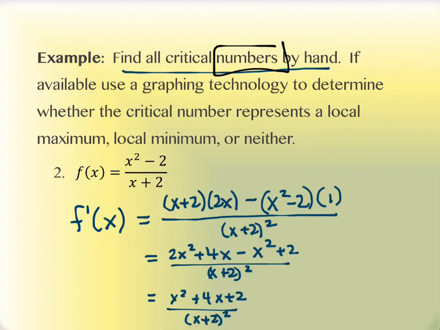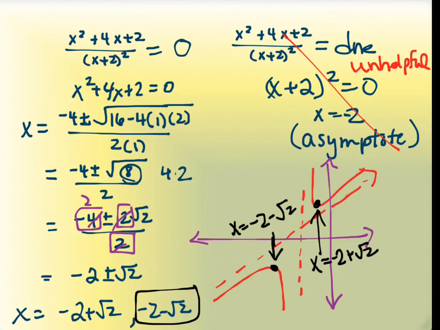If they wanted you to find it, they would have to actually say critical points, because a point is an ordered pair x, y. And they said critical number, which is just the x value, so x is sufficient for this problem. And since it's not convenient or simple to find it, I'm not going to. So my relative max is at x equals negative 2 minus the square root of 2.